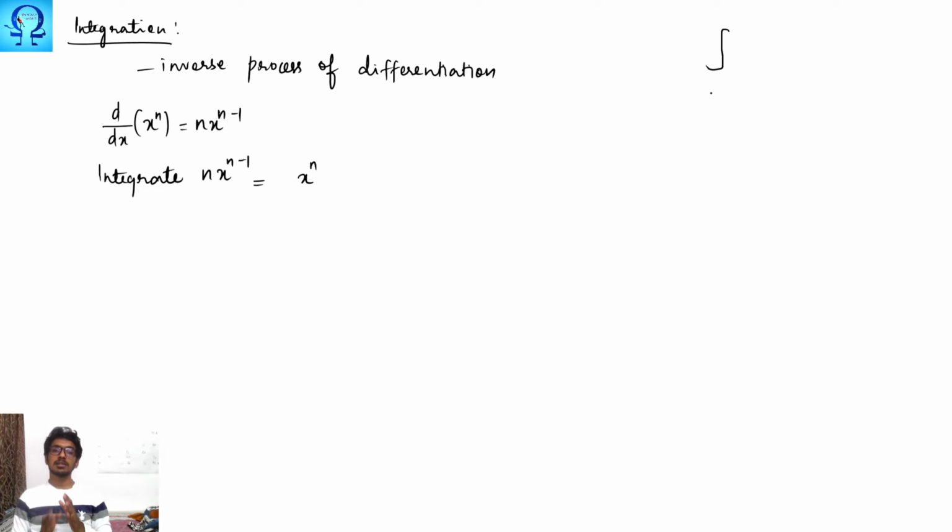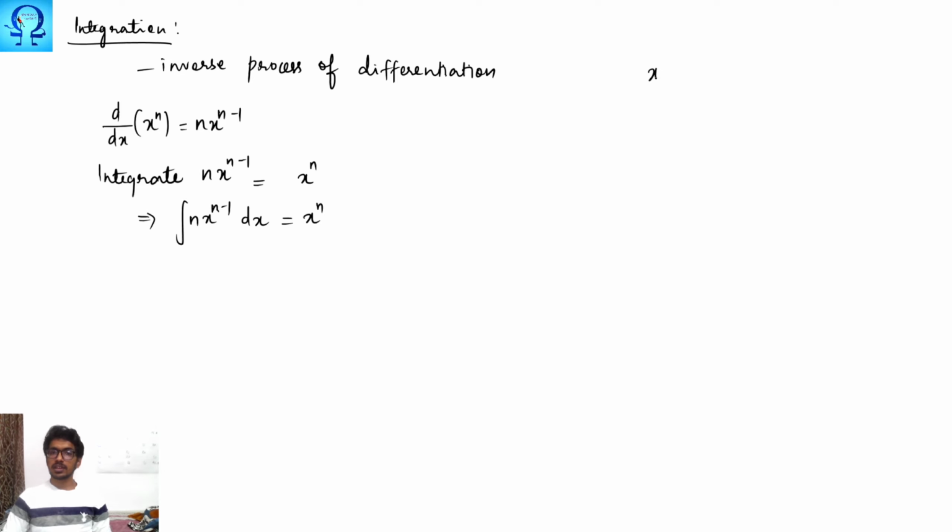Integration basically means the process of taking an infinite sum, and the symbol comes from the alphabet; it was invented by a mathematician called Leibniz. In words, integral of n x power n minus 1 with respect to x, which is important here, is x power n.